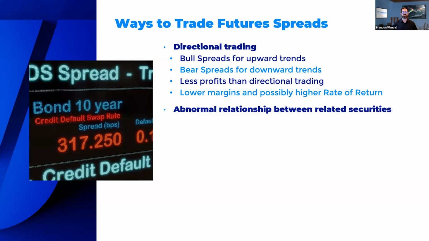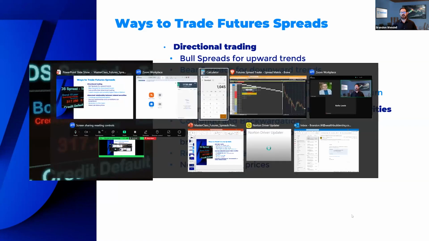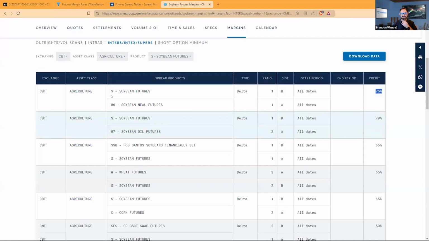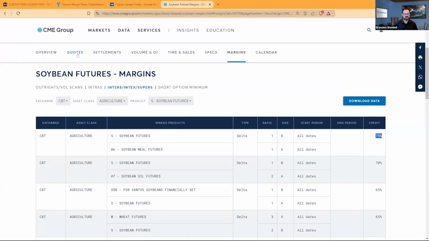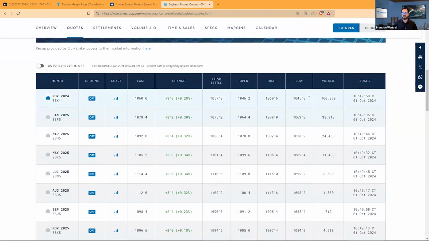There's also what we call contango and backwardation. Contango is a normal relationship. When you think about it, the further out you go in time, the more expensive a contract should be. For instance, soybeans, if I go to a quote right now, November has the highest volume, and it has moved 3 points today, a little over 0.25%.